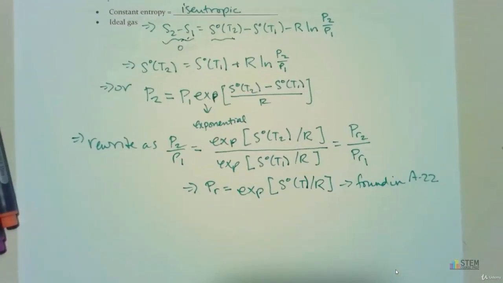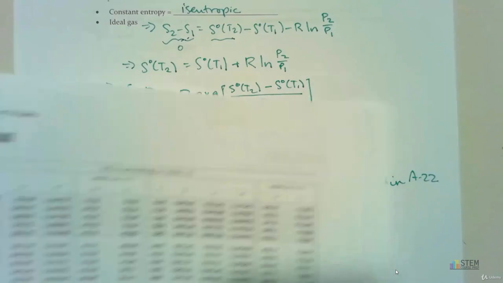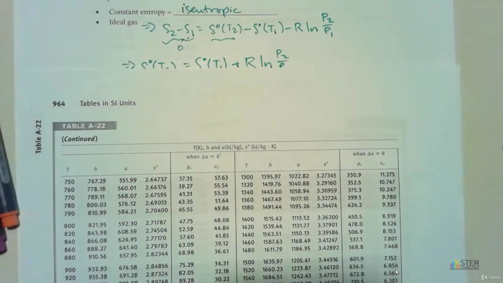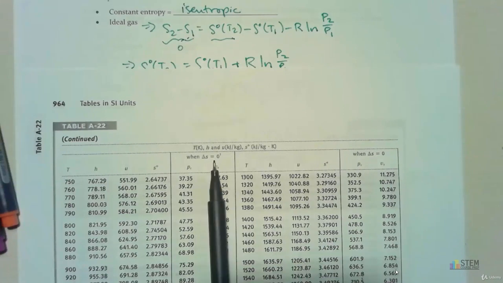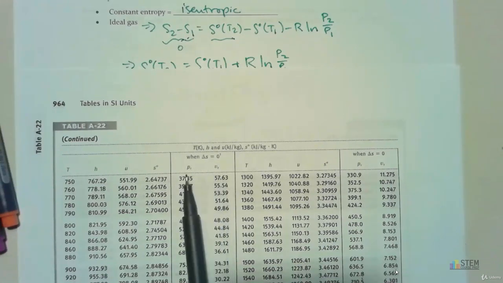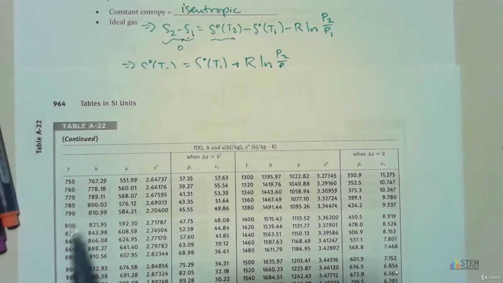So isn't that convenient? So if we look at A22, here you go. So here is PR. Notice it says when change in entropy is 0. So that's telling you isentropic right here. So here is PR. So you would just come over here, look up your temperature, find that PR value.